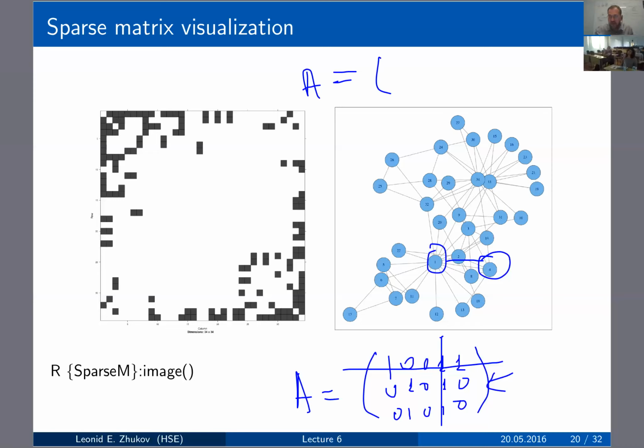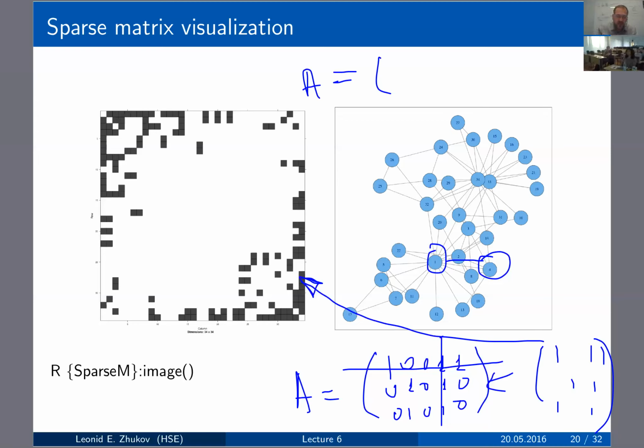Only ones are stored, with empty spaces instead of zeros. Sparse matrix visualization then just says, instead of writing ones, I'll put a black box, or dot, there.